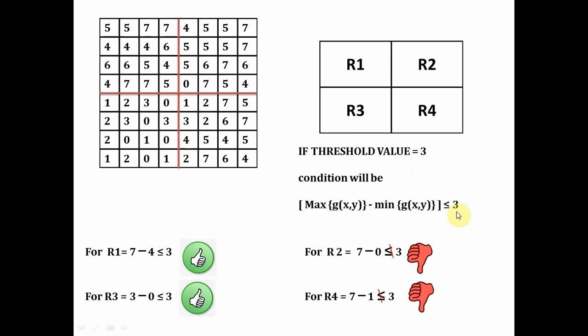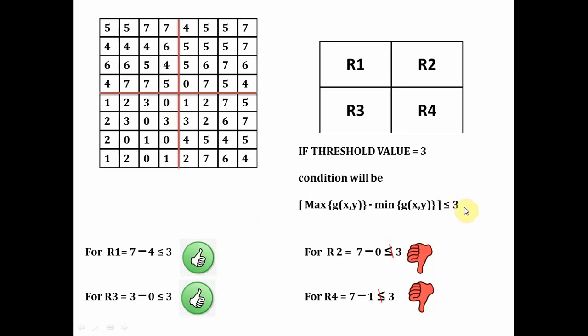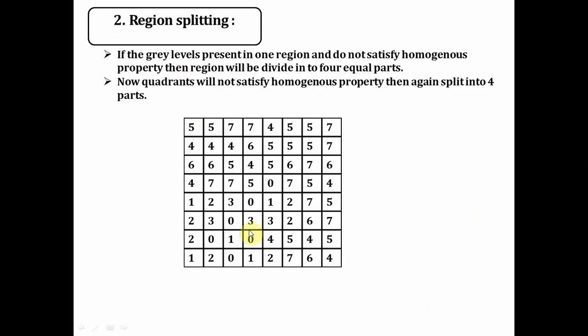If you are not able to satisfy the condition, then you need to divide your region into 4 parts. In this input image, the maximum value is 7 and the minimum value is 0. 7 minus 0 is 7. You are not able to satisfy the condition for the threshold value 3. So you will divide the entire region into 4 parts.